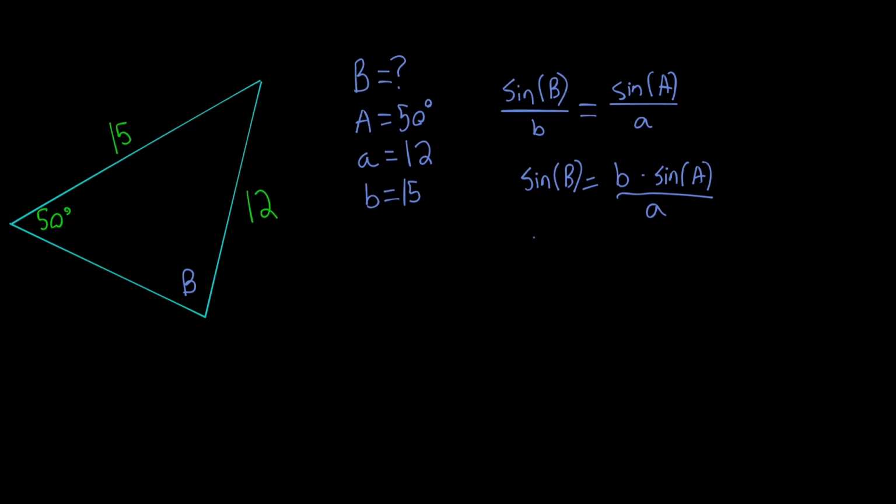This gives me that the sine of B is equal to 15 times the sine of 50 degrees divided by 12.